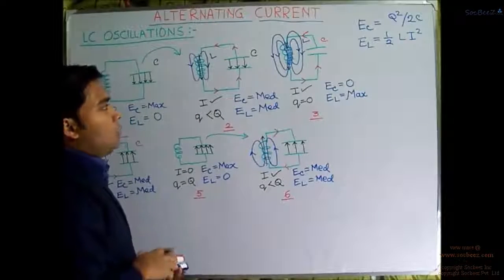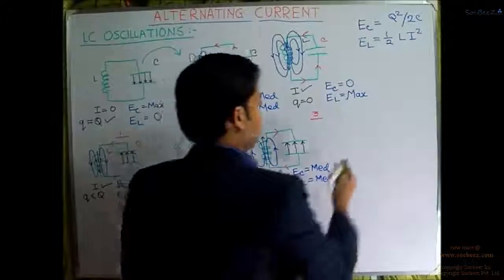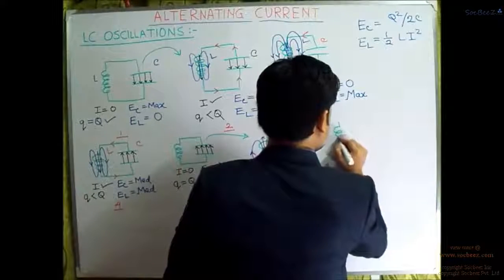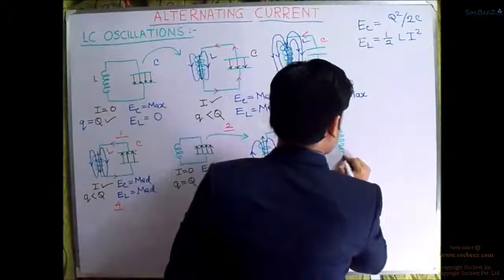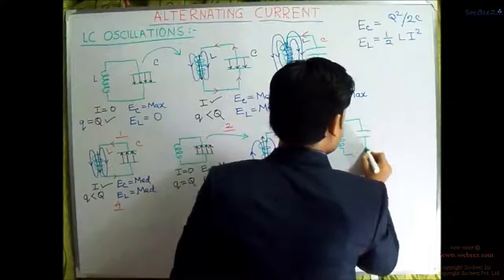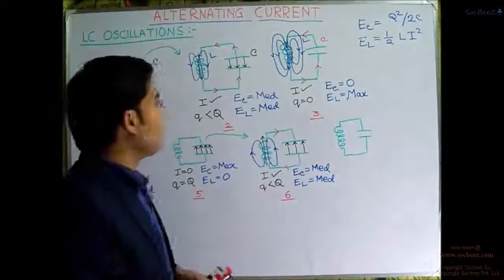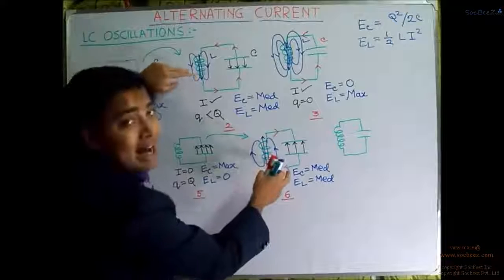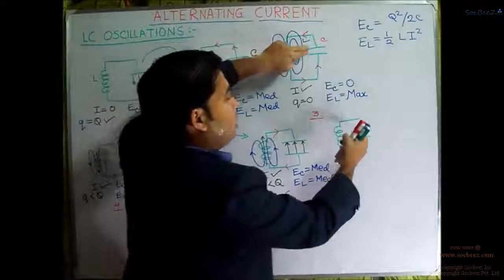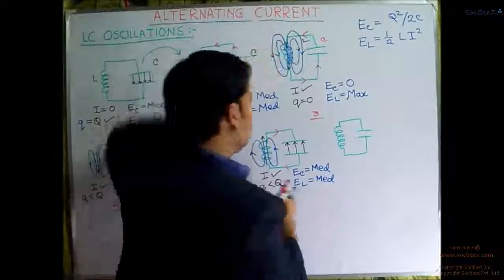Now, after this, what will happen? After this, we shall see the situation like this. Over here, the total charge is now transferred, because if this and this are analogous, obviously this and this will be in analogy, and there will be no charge present, and there will be the total things happening in this inductor.